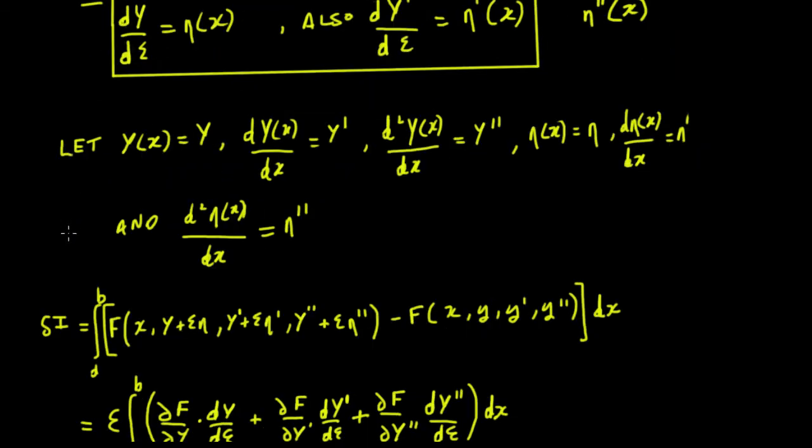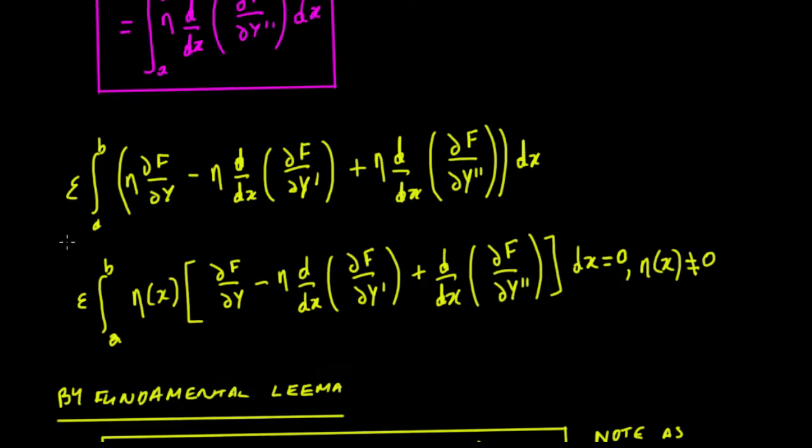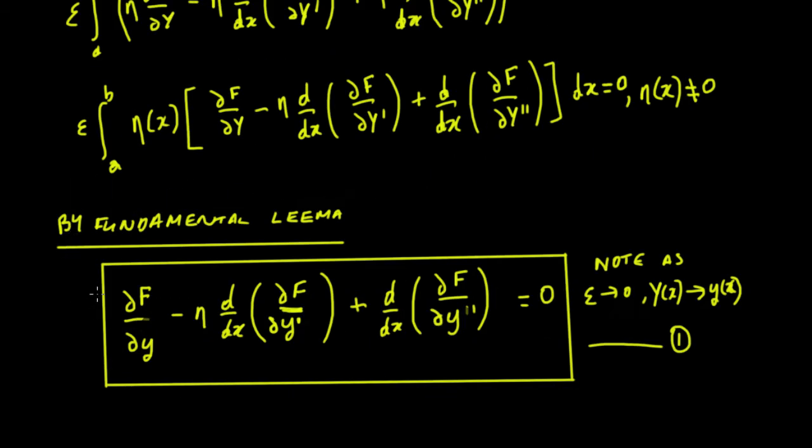So we can rewrite this, and we've got our final equation, which in effect is our Euler-Lagrange equation, but for a function with a y double-derivative term in it as well. So partial f by partial y minus d by dx partial f by partial y derivative plus d by dx partial f by partial y double derivative will equal 0. So that's what we've been looking to get.